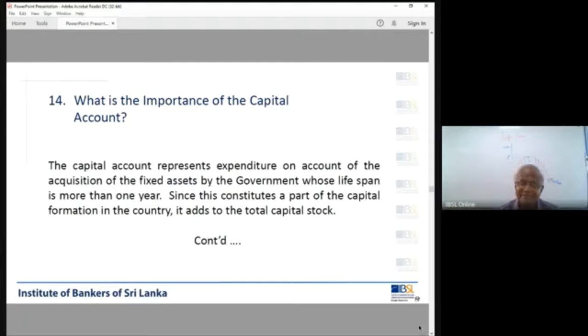When there was a tsunami, what happened? Huge damage to the houses in the coastal areas. Boats were destroyed. Government buildings and private buildings were destroyed. The capital stock consists of not only the government's, but also the whole private sector houses and buildings. No? So our capital stock went down in the coastal area. Huge loss of human life, and the physical infrastructure damage.